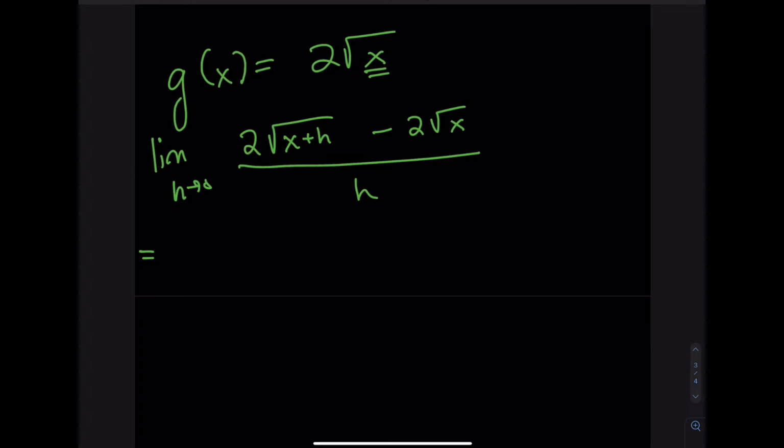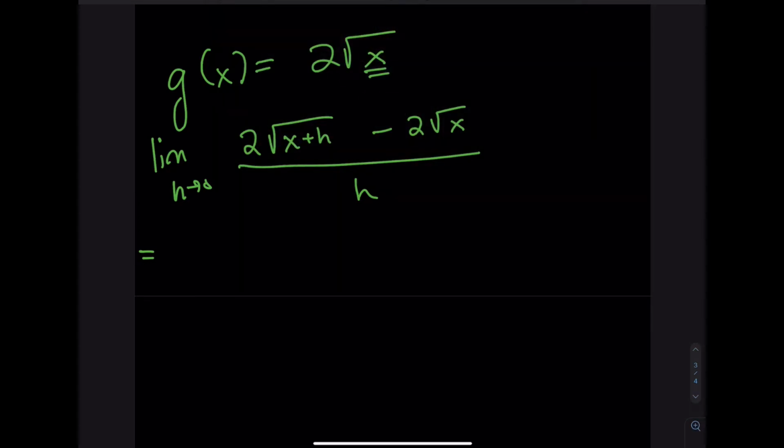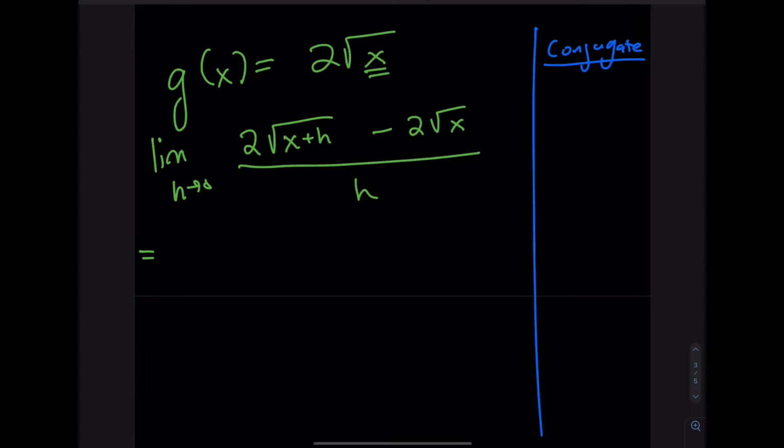Whenever you have a square root function, you are going to multiply by the conjugate. So let me take a little sidebar over here, and let me remind you of what happens when we multiply by a conjugate. You've probably seen the conjugate in a variety of contexts.